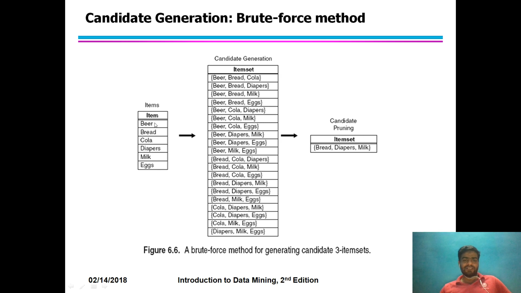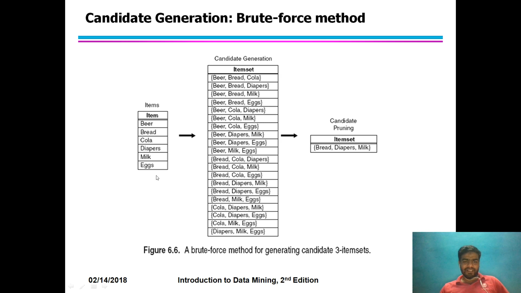Then beer, cola, diaper; beer, cola, milk; beer, cola, eggs, and so on. Similarly, start with bread: bread, cola, diaper; bread, cola, milk; bread, cola, eggs. Now bread, diaper, eggs; bread, diaper, milk.